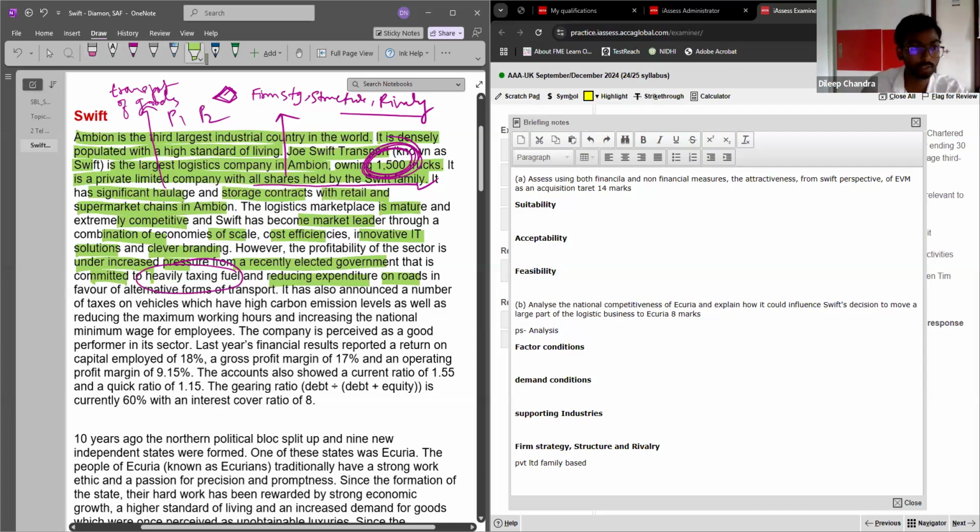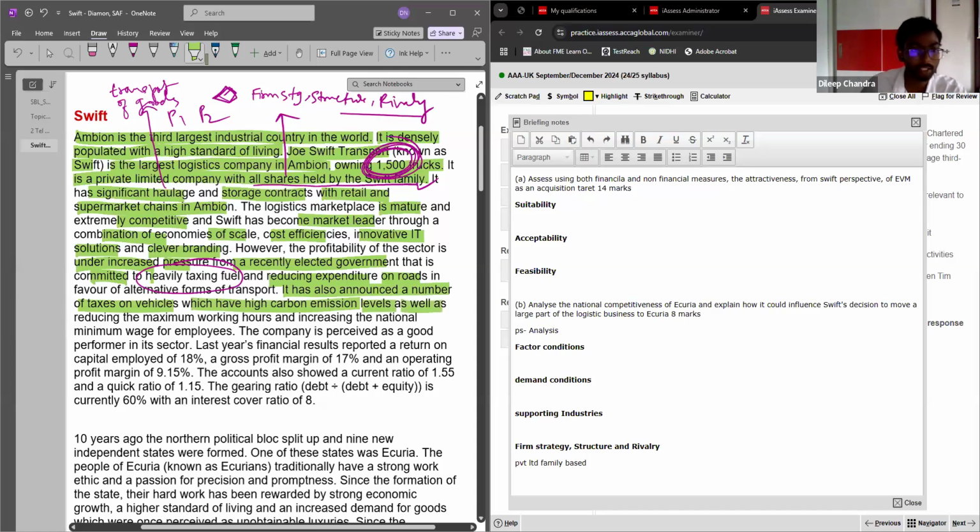Reducing expenditure on roads in favor of alternative forms of transport. It has announced a number of taxes on vehicles which have higher carbon emissions levels. Obviously, since these are trucks, definitely these might have higher carbon emissions.